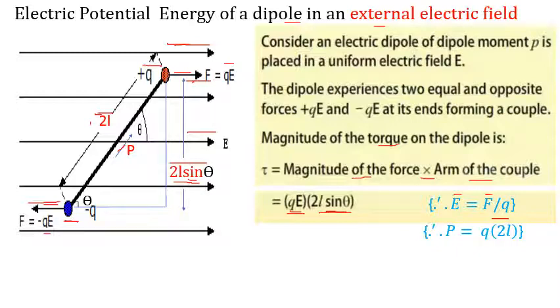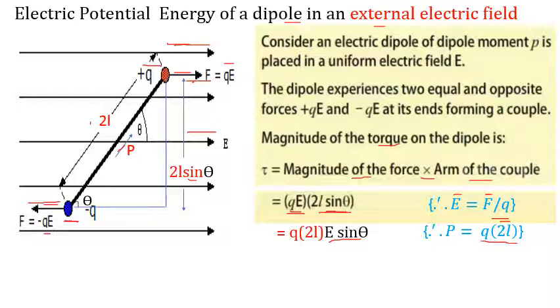Next to this, we have to rearrange it and simplify it. After rearranging this, what will we get here? Tell me what this product is. Q into 2L. I have arranged it in such a way that Q into 2L comes first and then E sine theta, and this Q into 2L is nothing but the product of the magnitude of any one charge and the distance between the two charges.